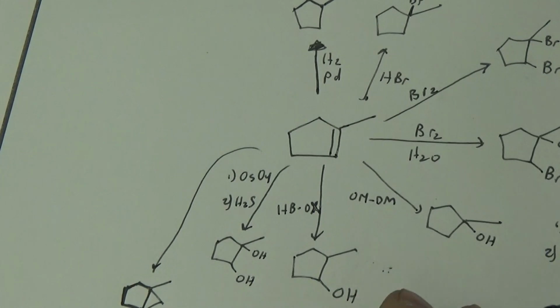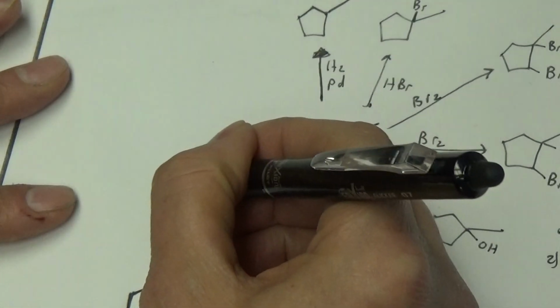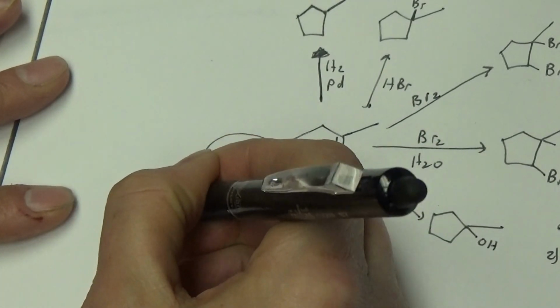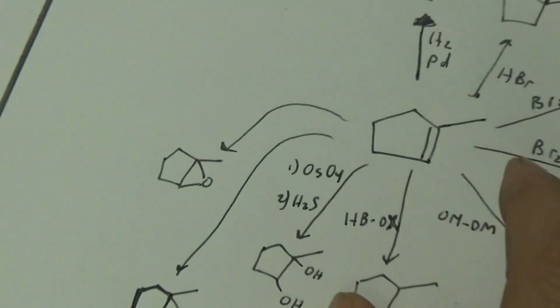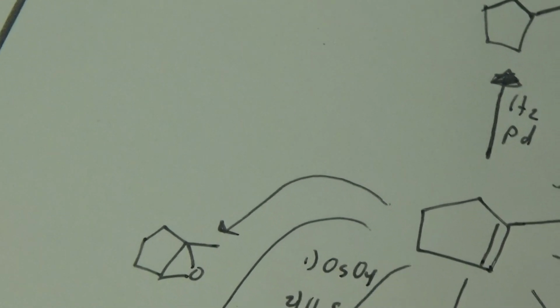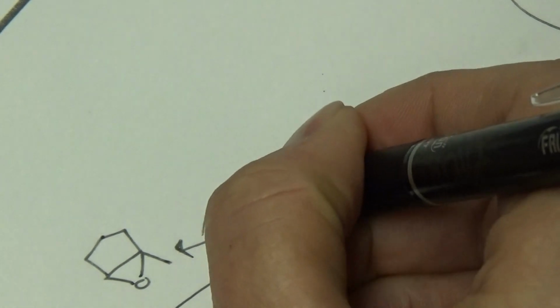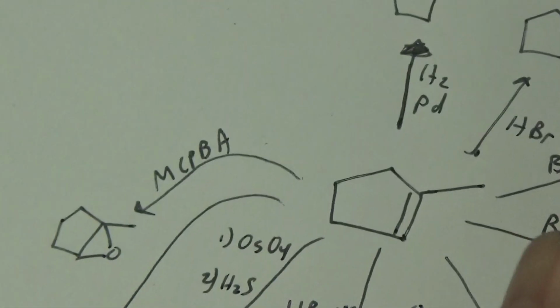Anything else? Did I miss anything? What about epoxides? How do you make an epoxide? 5 letters. MCPBA. It was that weird concerted addition reaction, alright?